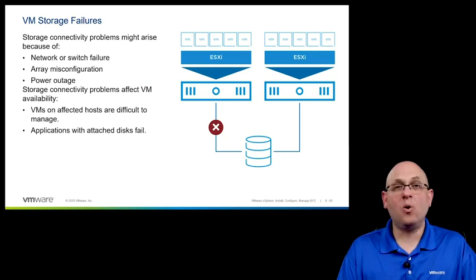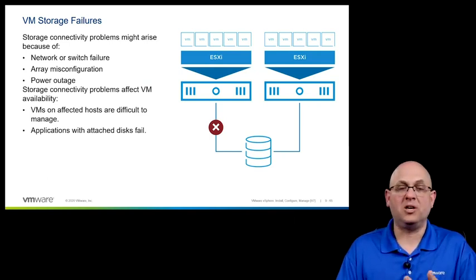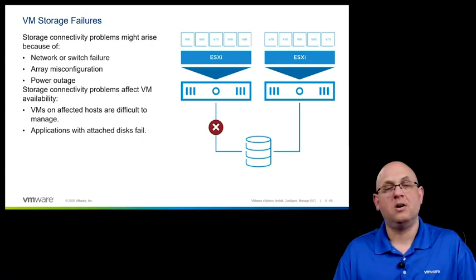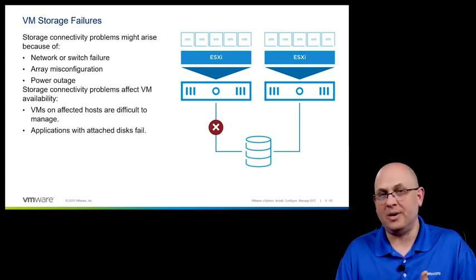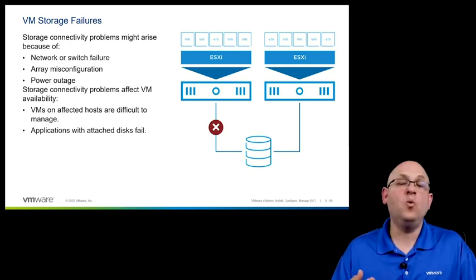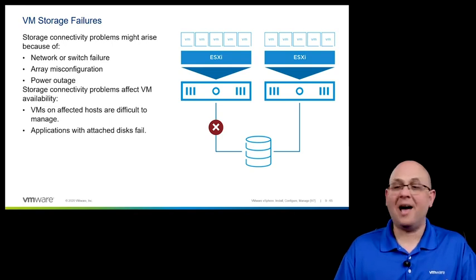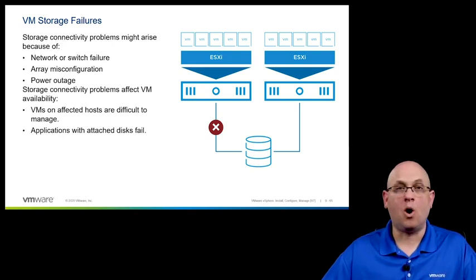Now, if a storage network should fail because of a network misconfiguration or a failed network switch or a power outage on the networking segments and things like that, okay, then we know that we've got to do something, okay? And we have this idea of permanent device loss, or all paths down.